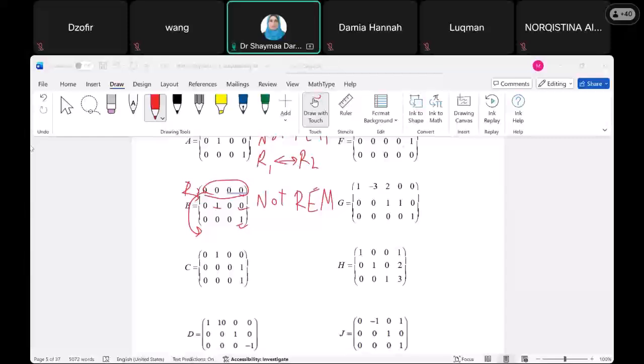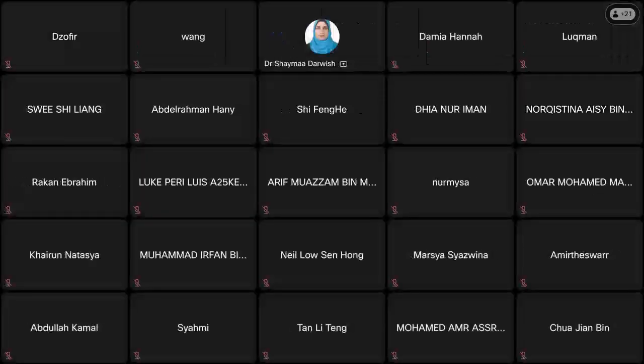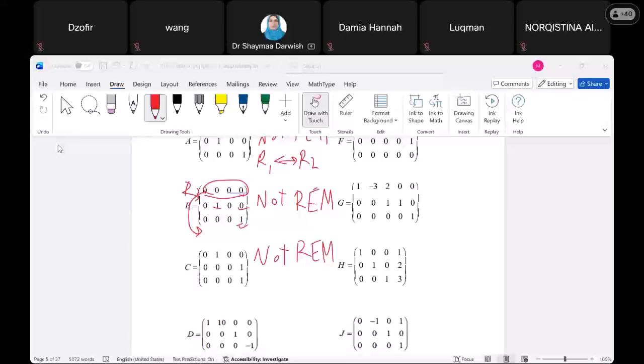Not a row echelon matrix. Which condition is not satisfied? Condition 3. Yes, correct.